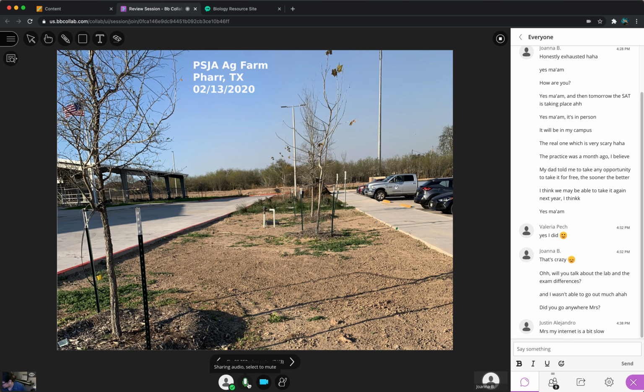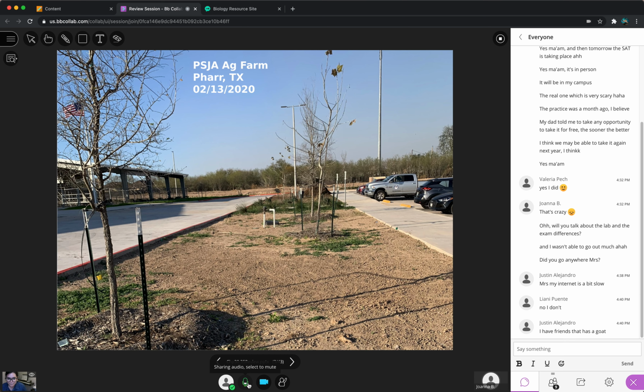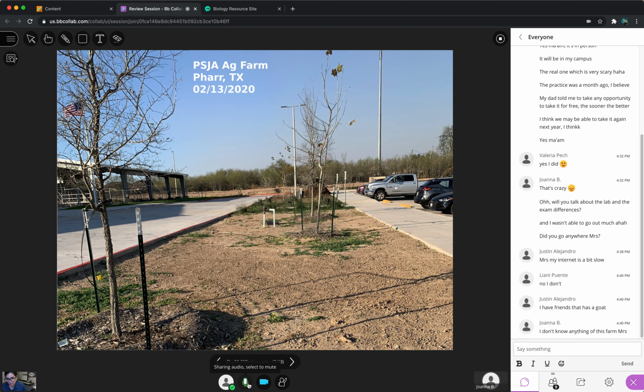Y'all can speak up, it's okay. Anybody have an animal, or know of a classmate that has an animal there? You have a friend that has a goat. Justin, do they have their goat there?